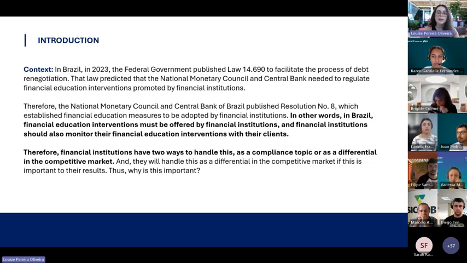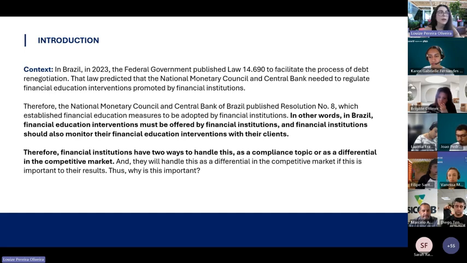And as a compliance topic, we do what we need to do, and that's all. Or we can handle it as a differential or a competitive thing in the financial market. And I believe in the second way, especially because we can see the moment we live in the world, the challenges about our economy and social challenges for several countries.